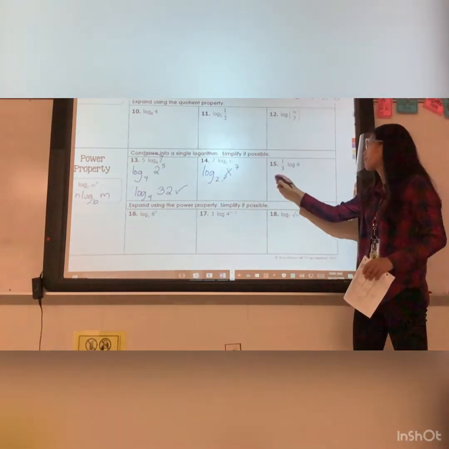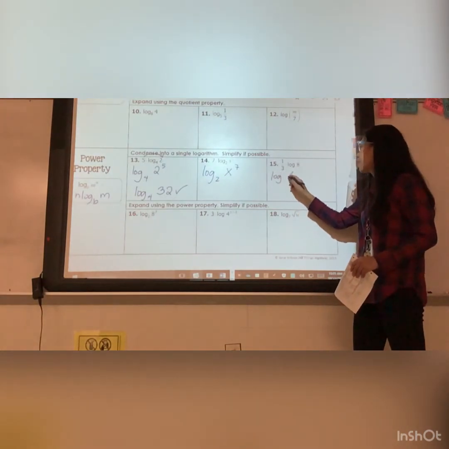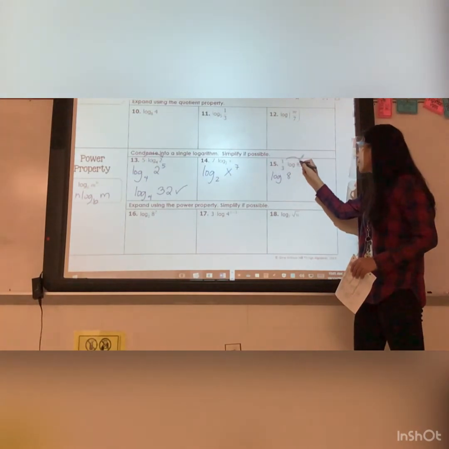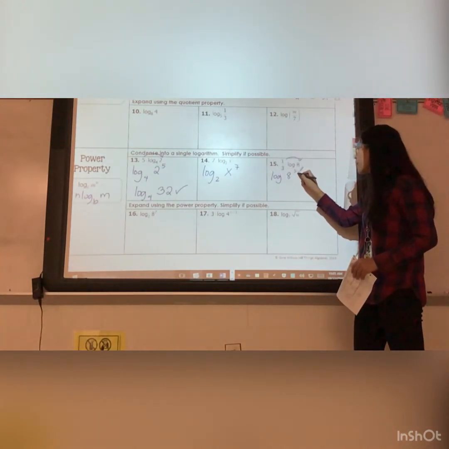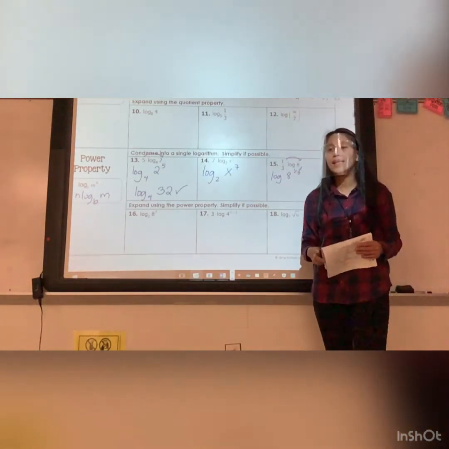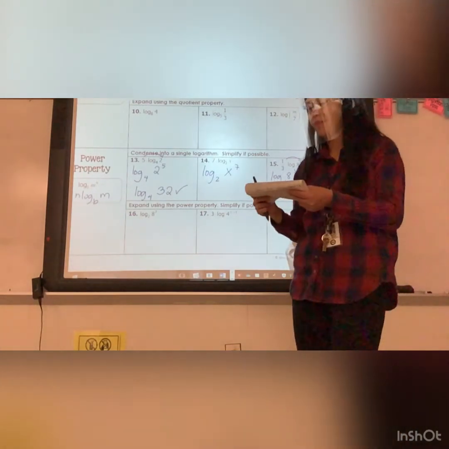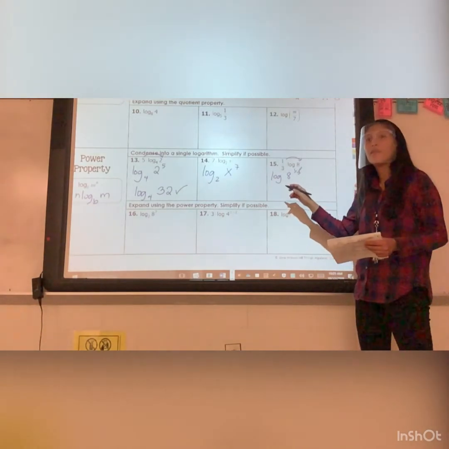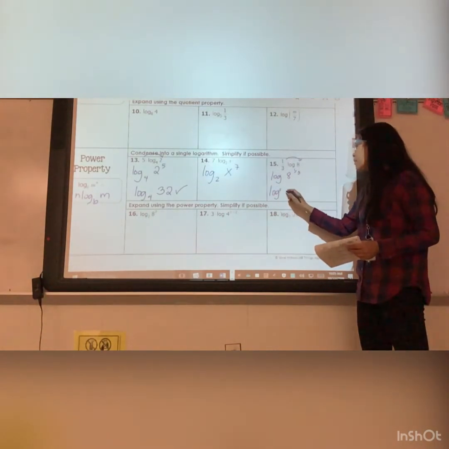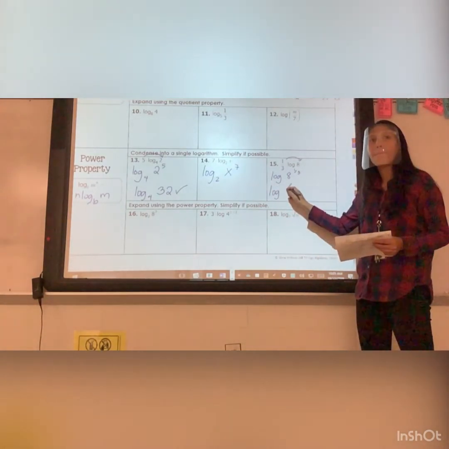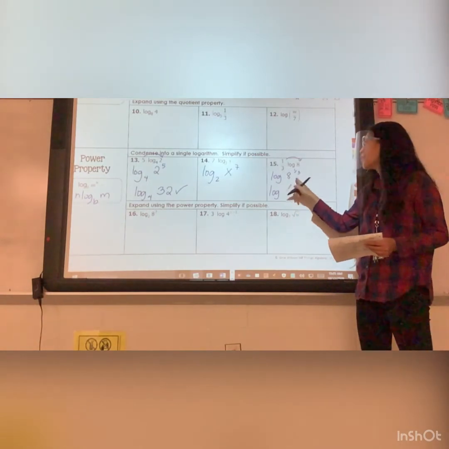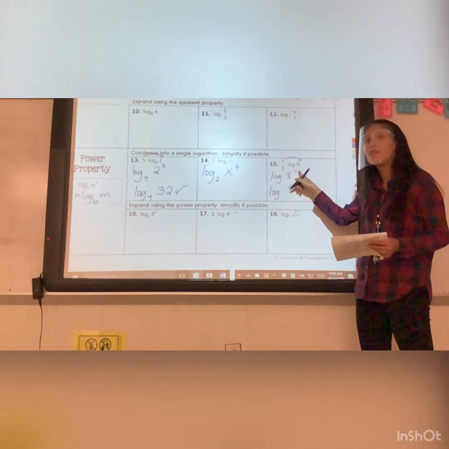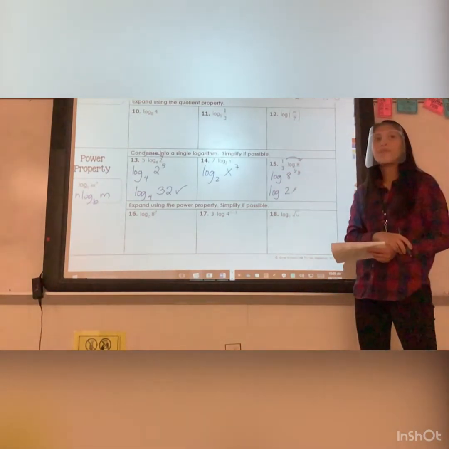Okay? How about this one? Log base 8 of 1 raised to the 1 over 2. Okay, put it in your calculator, please. It is log of what? Log of 8 raised to 1/3. What is the value of this? I got 2. Okay?